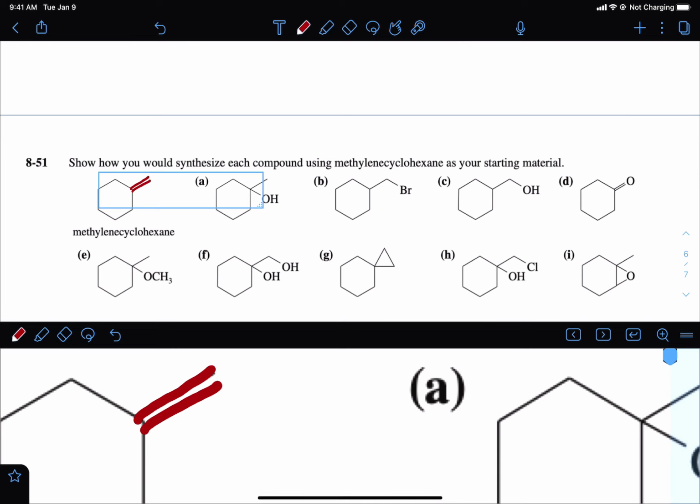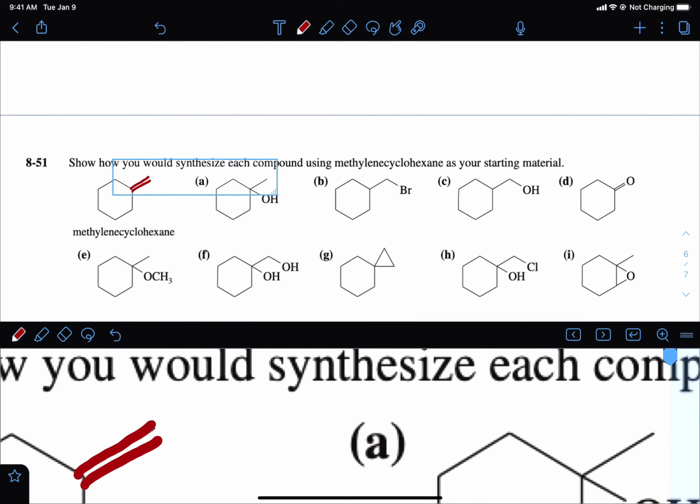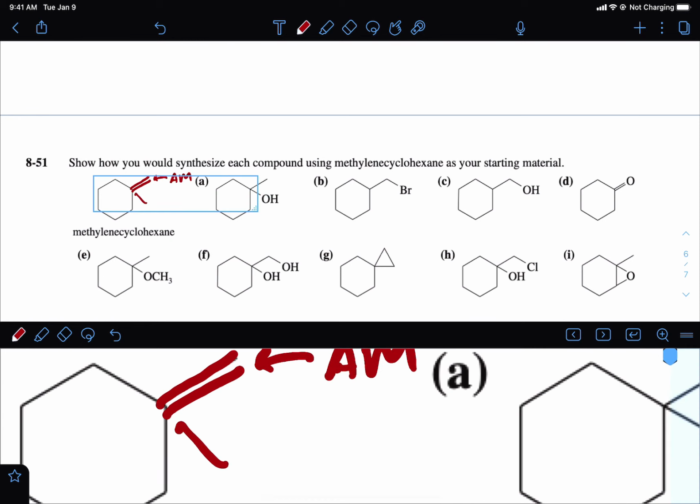It's an asymmetrical double bond, which means that one side, the less substituted side, I think of as the anti-Markovnikov side. The more substituted side, I think of as the Markovnikov side. So what are we doing here?